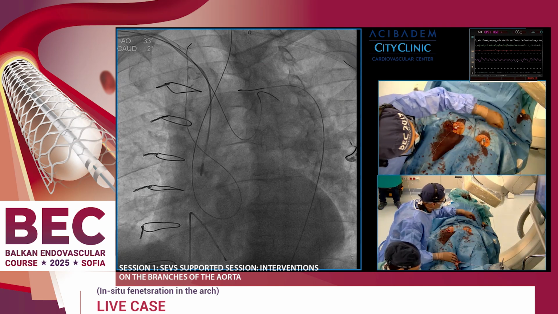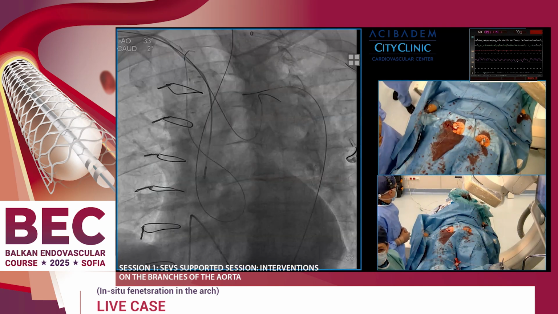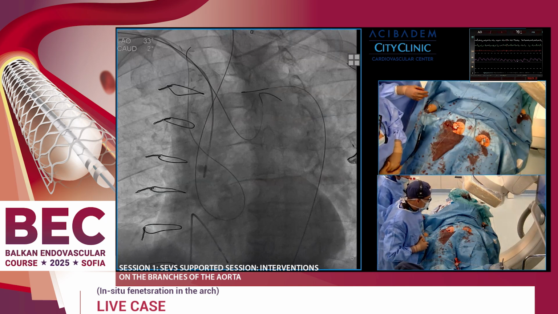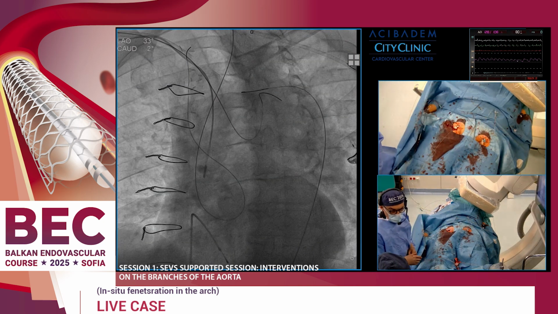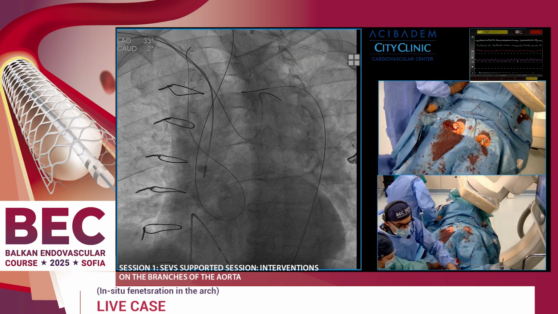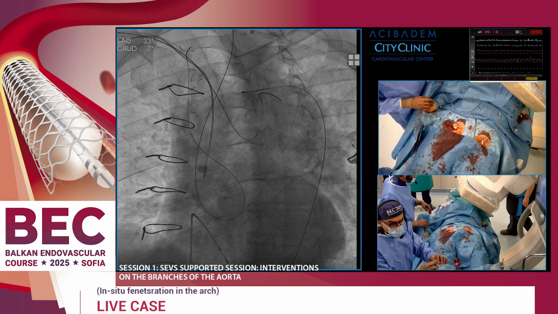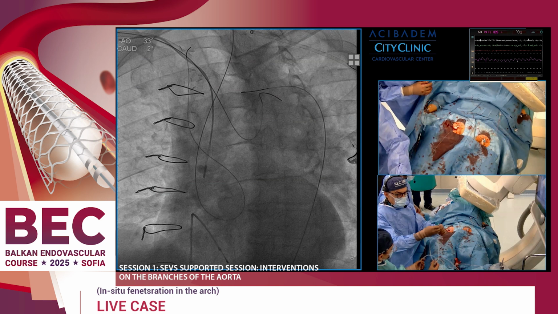Okay, now we are going to position the tubings into the right axillary artery and the left retrograde carotid bypass. So we are using a large tubing in order to provide flow for both, and as you can observe here, there is a split.